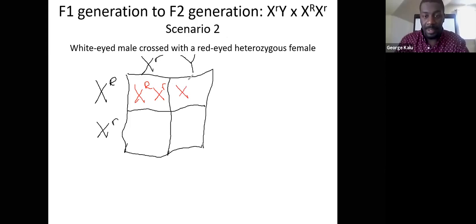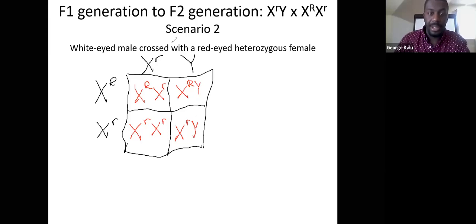X big R Y, perfect. The third box, now we have X little r, cool. And then in this last box, X little r Y. Good.